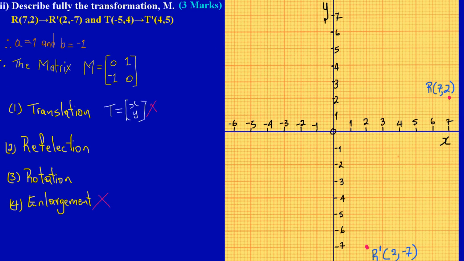Okay, so these are just some basic pointers that you can use when you're describing your transformation. So obviously it must be a rotation. So let's check it out now. How do we check if it's a rotation? If it's a rotation, how can we describe our rotation?